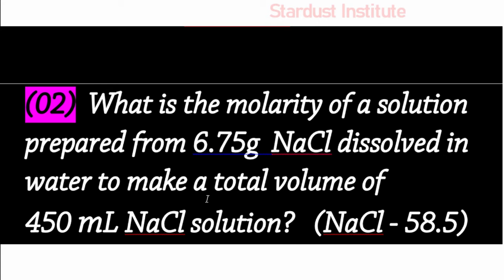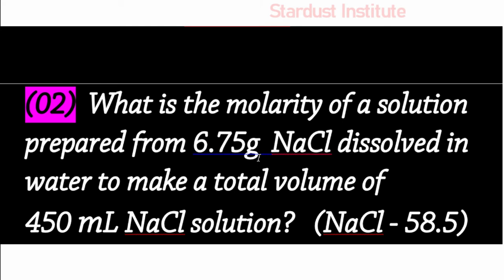Here also we can use the formula M equals N divided by V, but we have been given 6.75 grams of sodium chloride. Sodium chloride is the solute here. Now we have to convert this 6.75 grams to mole.